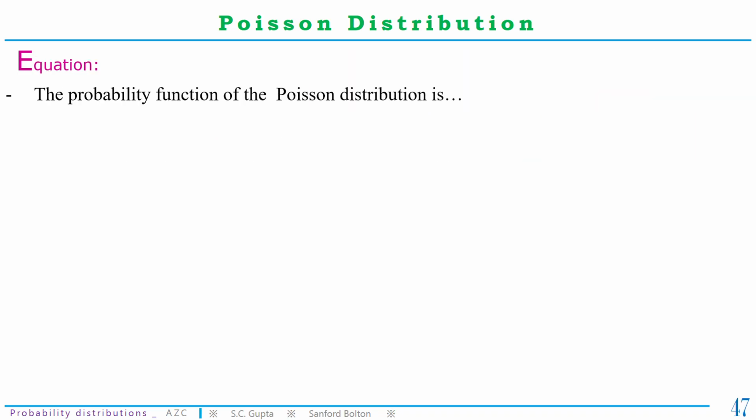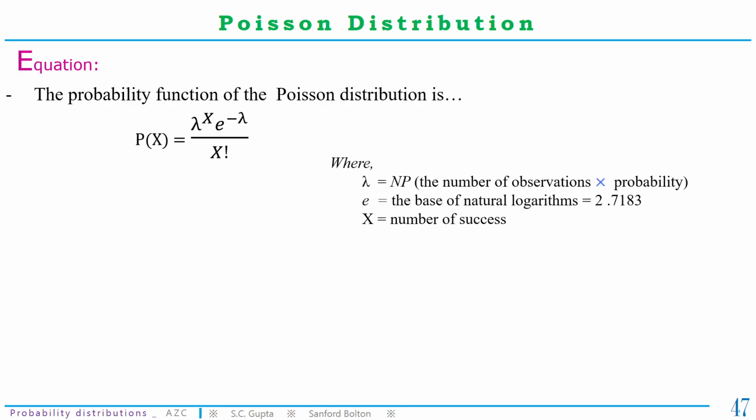The probability function of the Poisson distribution is given here, where lambda is NP, that is, the number of observations into probability, e is the base of natural logarithms, and x is the number of successes.